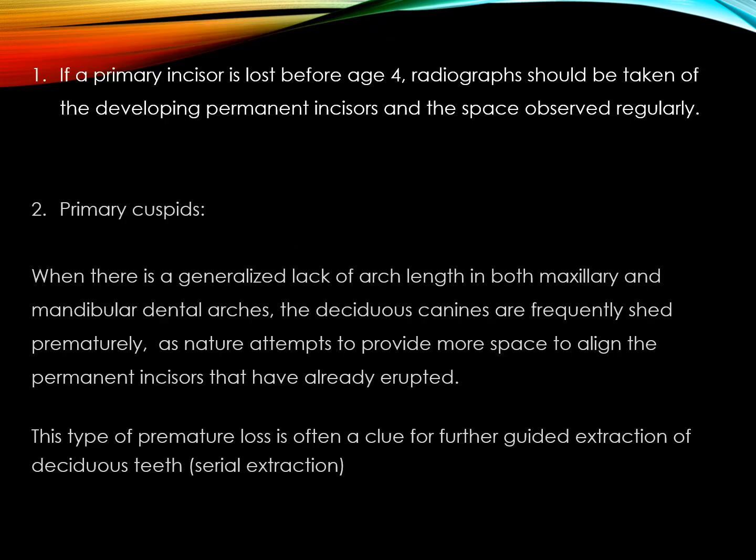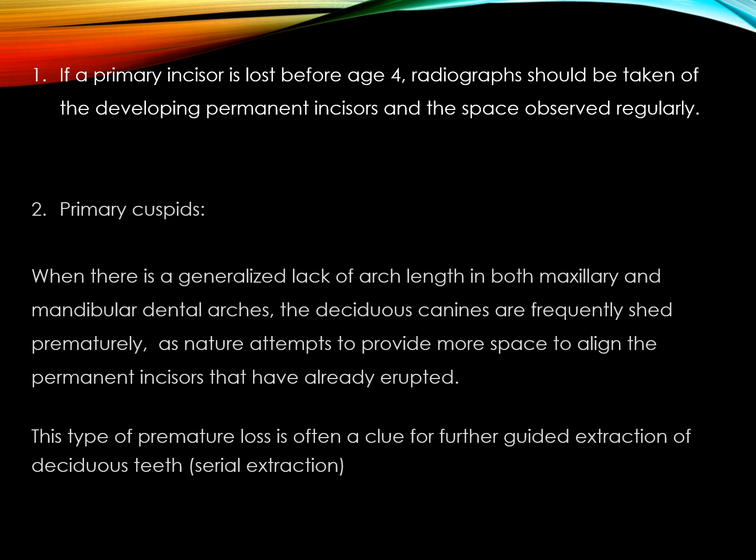So if a primary tooth is lost before age 4, it is advised to subject the individual to a radiographic analysis to check on the developing permanent incisors, and the space should be observed regularly so that any interceptive measures can be undertaken.